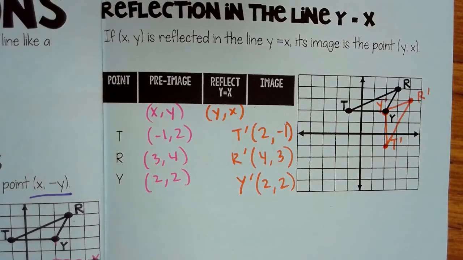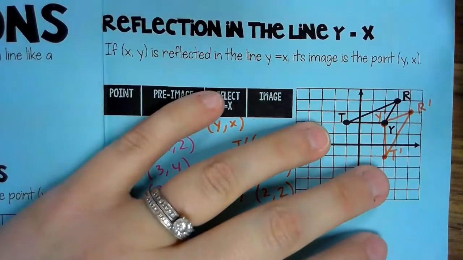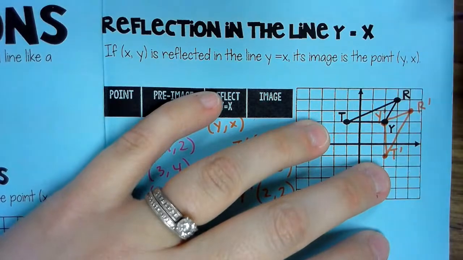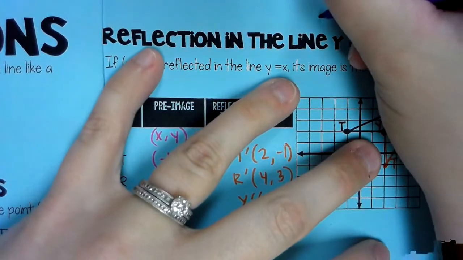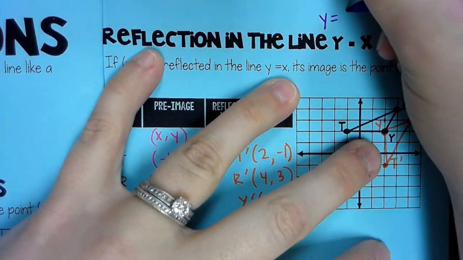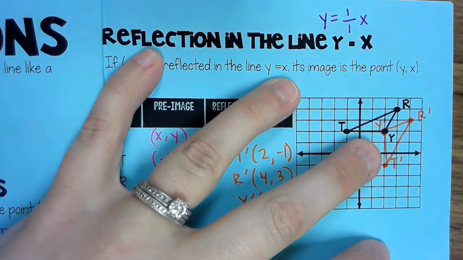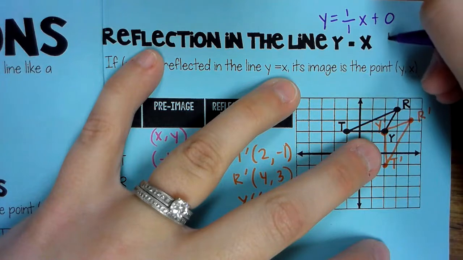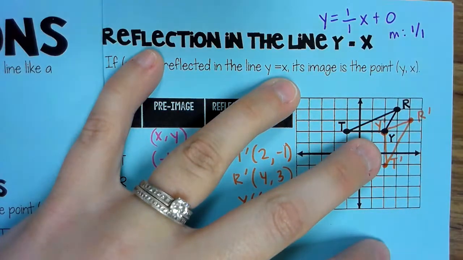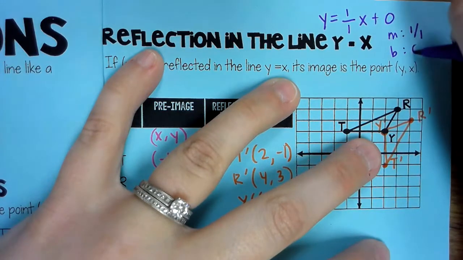And so I do want to remind you what that line looks like. You learned about this last year in Algebra 1. This was one of your parent functions. And so I could rewrite that as y equals 1x. There's my slope. Plus 0. Meaning this is a line that has a slope of 1 and a y-intercept of 0.